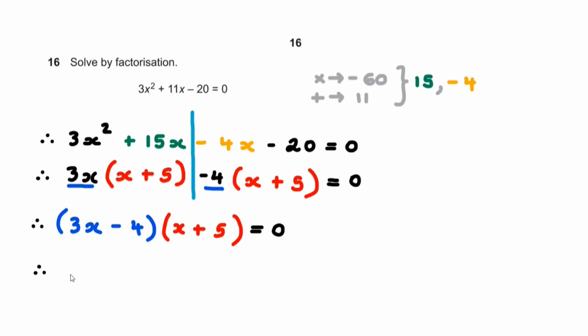So we have 3x subtract 4 equals 0, in which case x is equal to 4 over 3, or we have x plus 5 is equal to 0, in which case x is equal to negative 5.